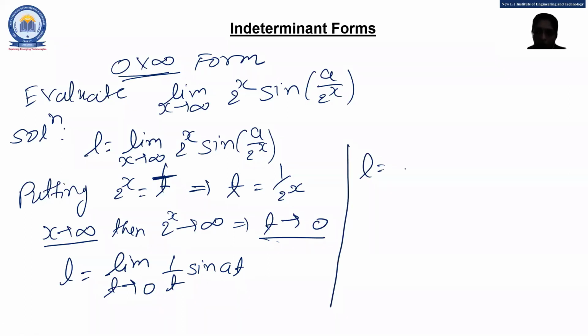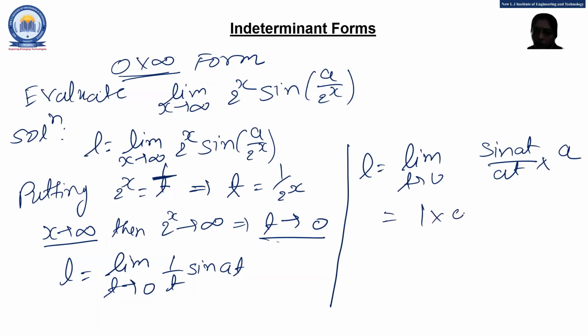If I multiply and divide by a, limit t tends to 0 of sine at upon at, multiplied by a, then by applying the limit, my answer is 1 into a, and that is a. Any doubt? So this is the example of the 0 into infinity form.